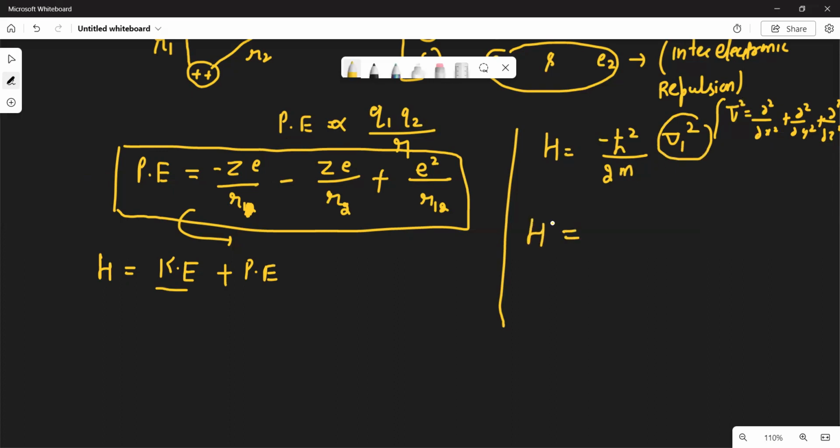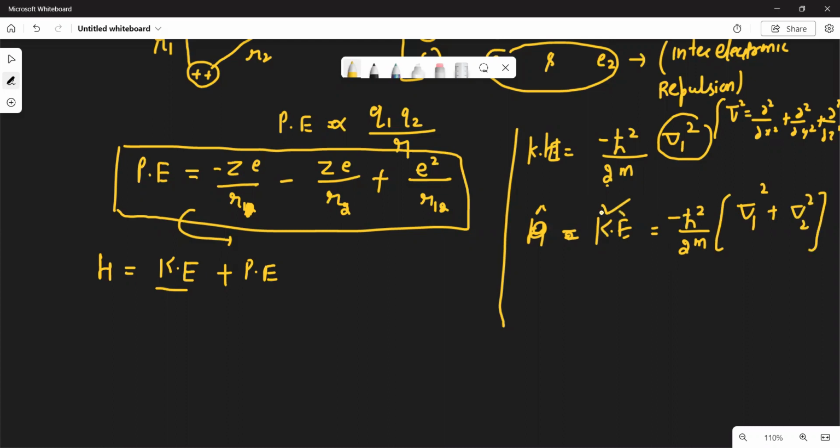So the kinetic energy for two electrons equals minus h cross square upon 2m, del 1 square for the first electron and del 2 square for the second electron. So this is the expression for kinetic energy.